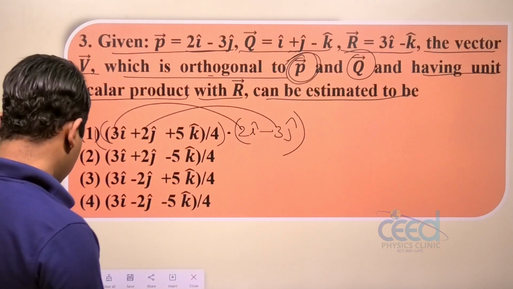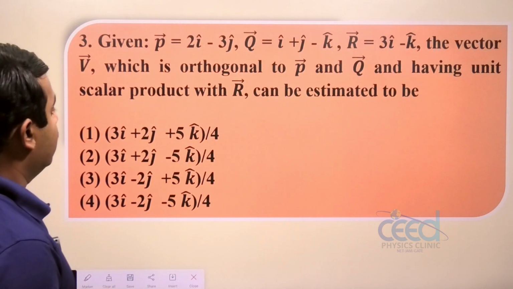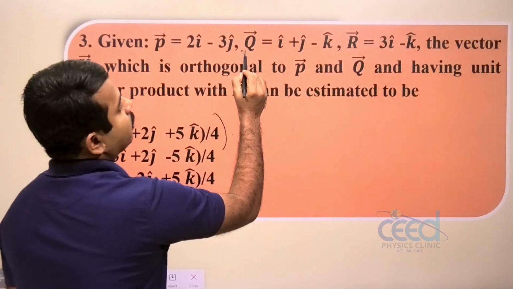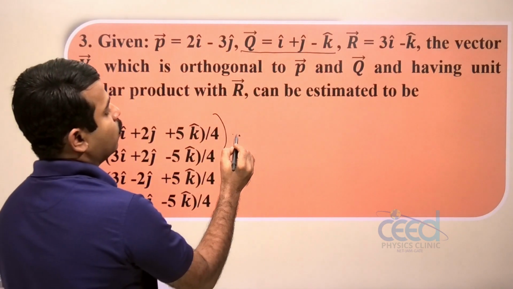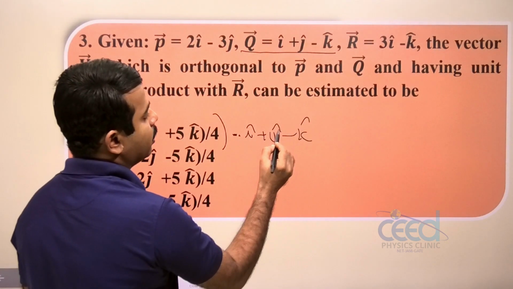Now let us think about the second condition, right. Is this orthogonal to Q or not? This is Q, that is dot product with I cap plus j cap minus k cap.